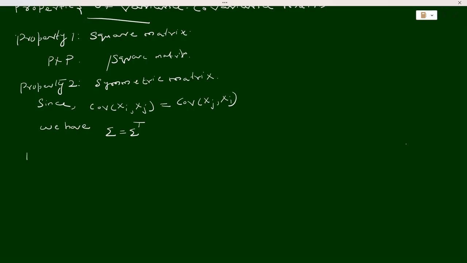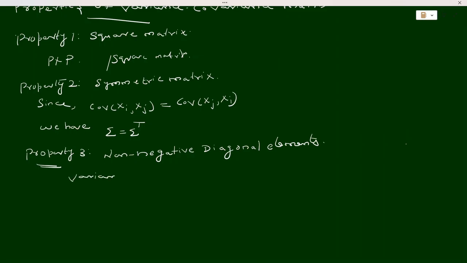The third property of the variance covariance matrix is non-negative diagonal elements. Since variance cannot be negative.